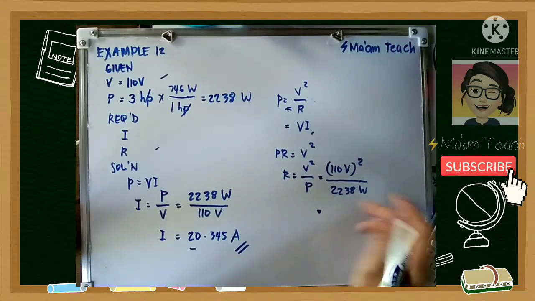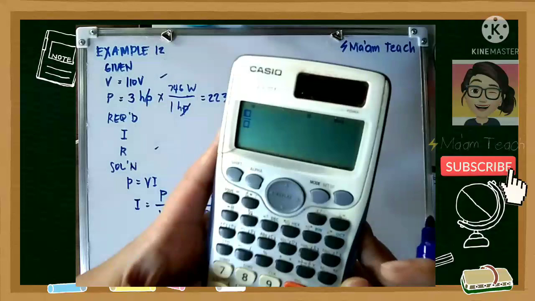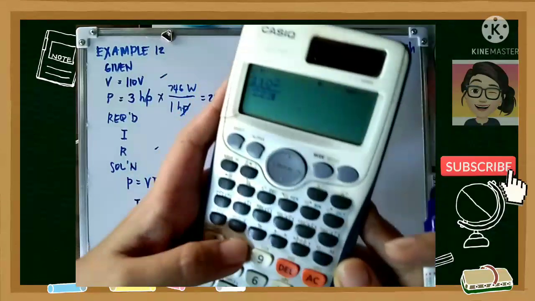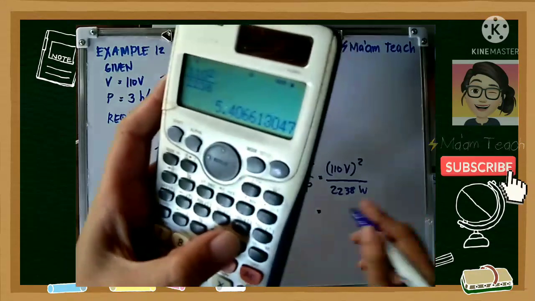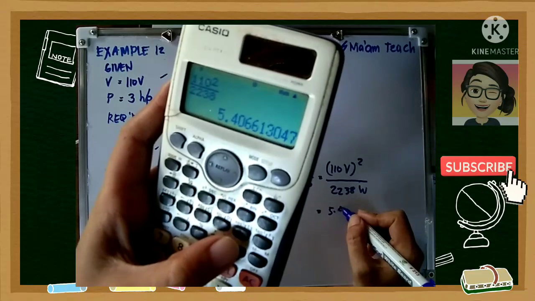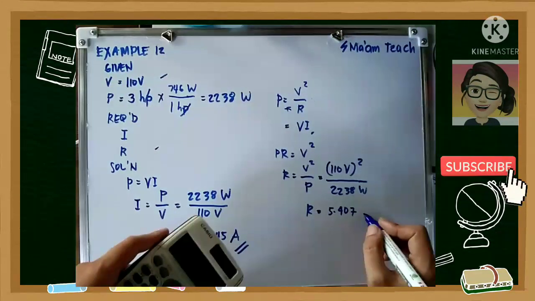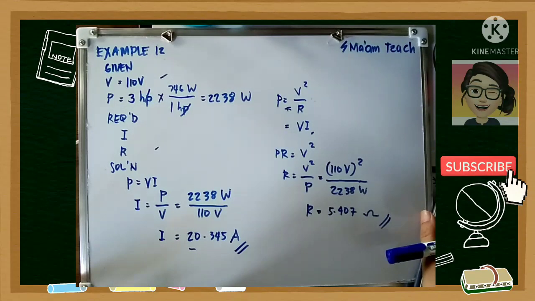Okay, so from that we have 110 squared over 2238. So that will be 5.407, and the unit of course is what? The unit is in ohms. Okay, so that's the solution for example number 12.